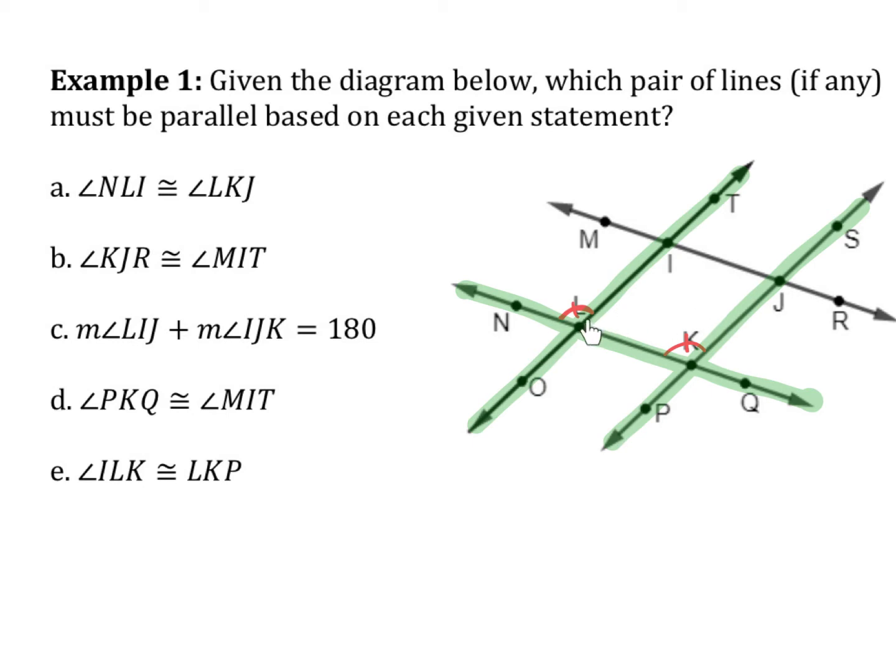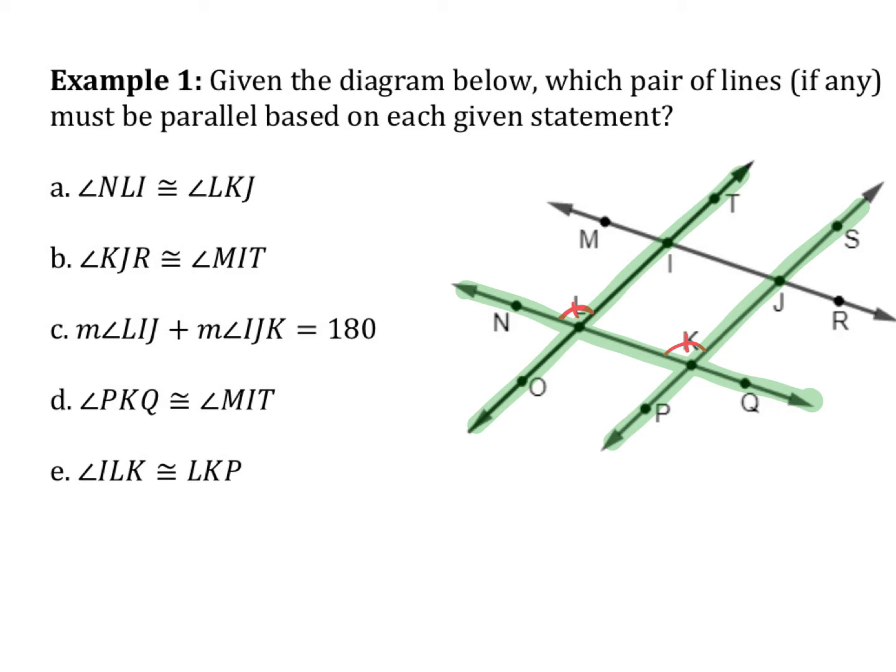And if I do that, then I'll notice that these two angles are actually going to be corresponding angles. So there should be a pair of parallel lines. Well, they're corresponding angles for line OT and line PS being crossed by the transversal line NQ.